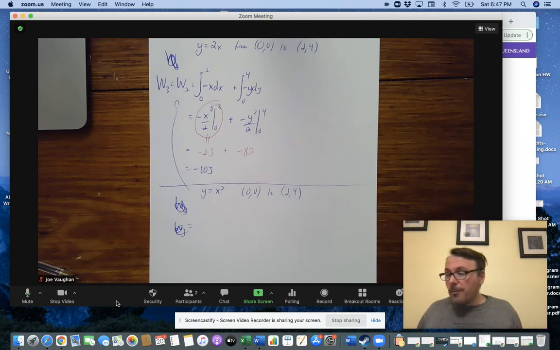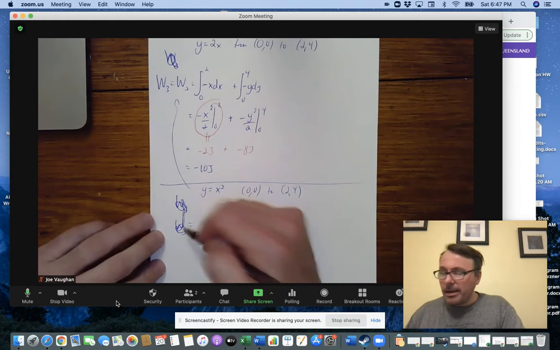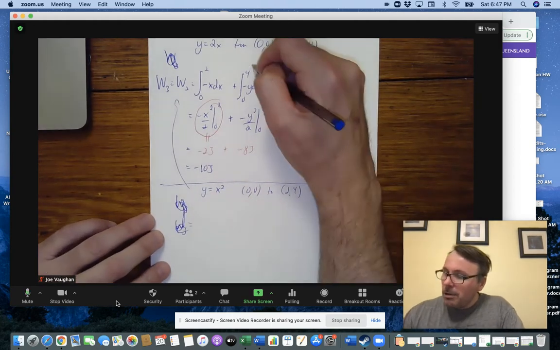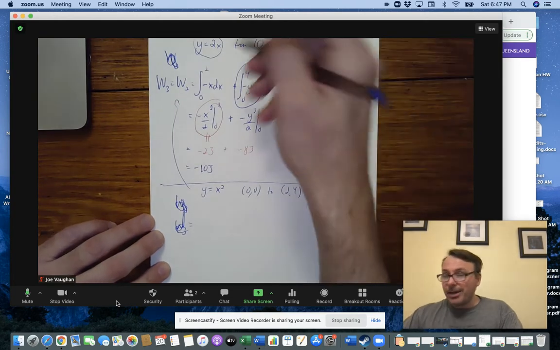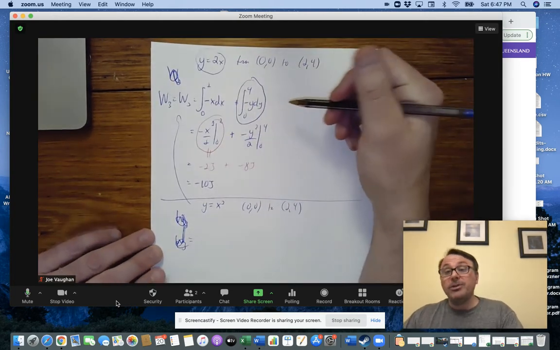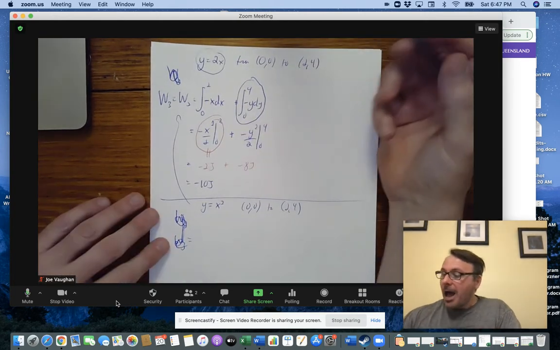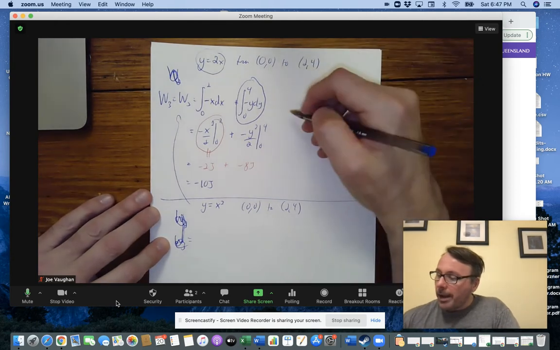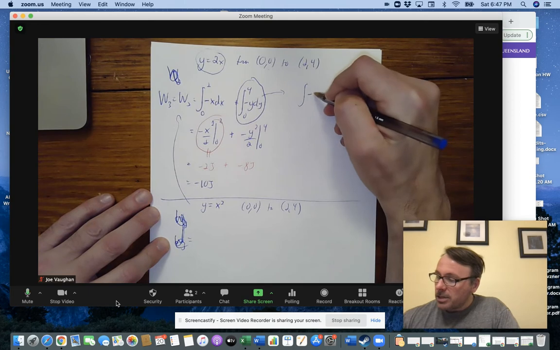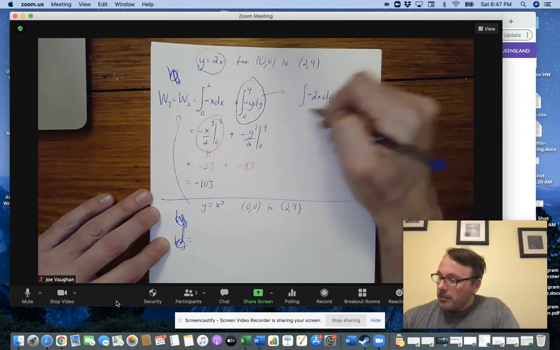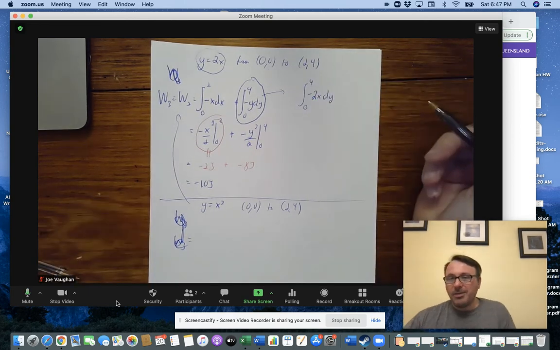So there we go. Now, I do want to bring up something that we could do here. Because we have the path, there is something we could do with actually either of them. I'm just going to do the y one to show a point here. I could say, well, I know that y is equal to 2x. So if I make this 2x dy from 0 to 4, you may say to yourself, why did you just do that?